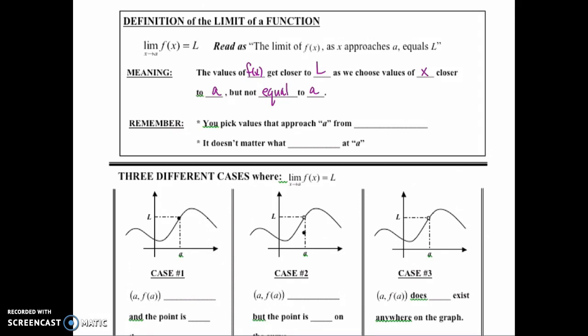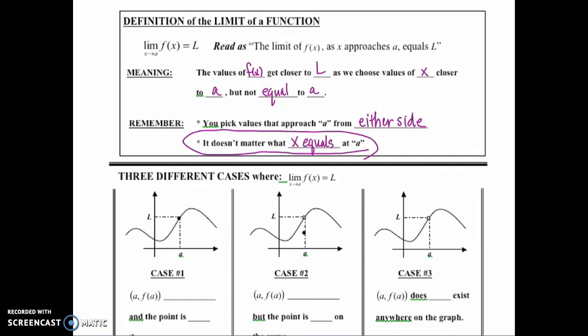And remember, you can pick values that approach a from either side, from the left-hand side or the right-hand side, so you can look at the limit from both sides. And this is the hardest part for people to understand. It doesn't actually matter what x equals at a, okay?